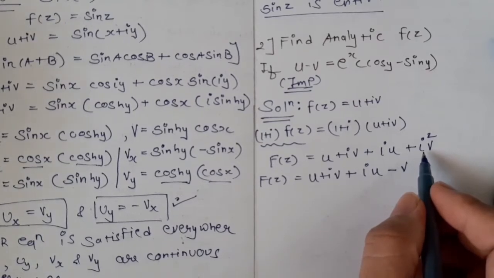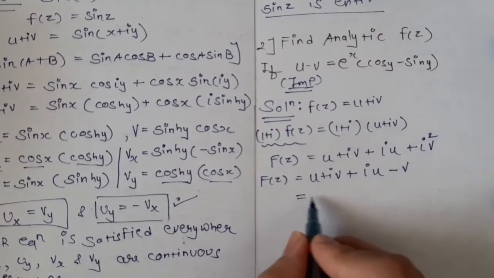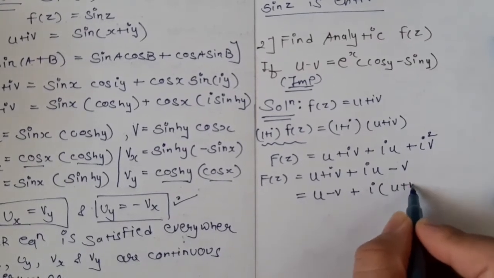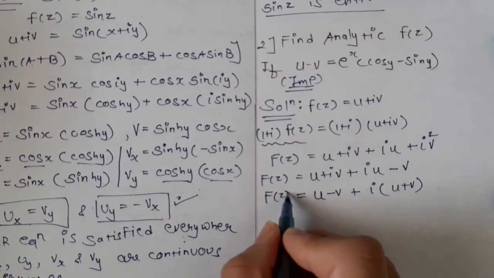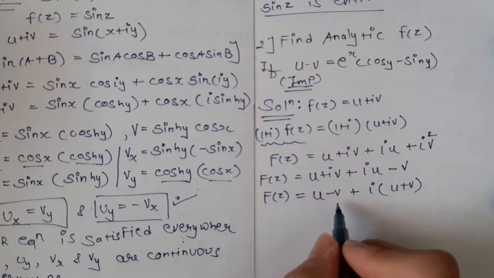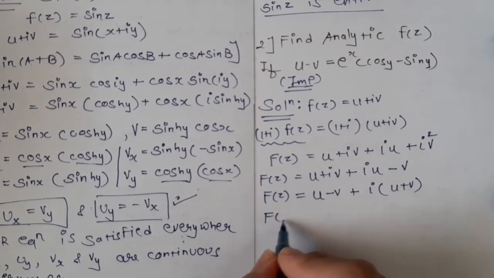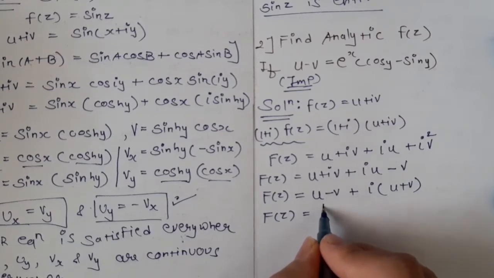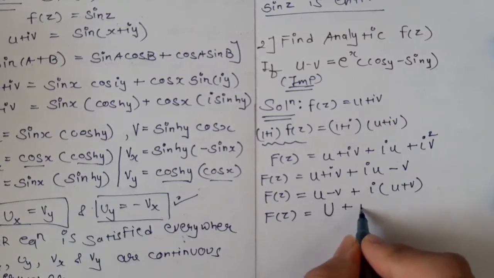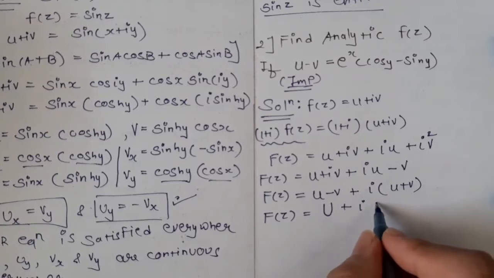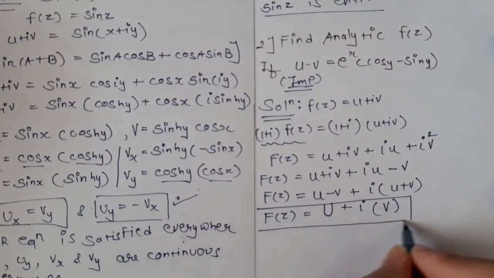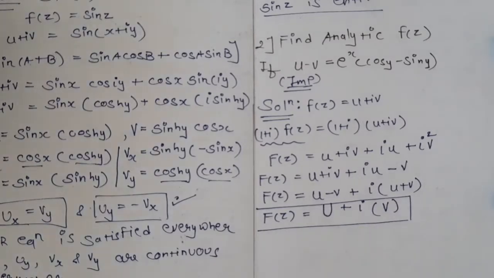Because i square is minus 1. Okay. So here we get u minus v plus i into bracket u plus v. So this is capital F of z. So we got the u minus v. Okay. So now let this F of z we write as capital U plus i into the whole term as capital V. Okay. This is just a notation.